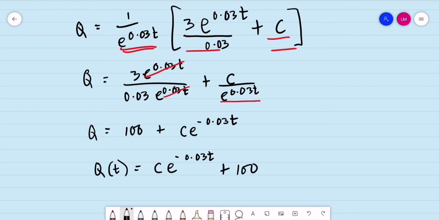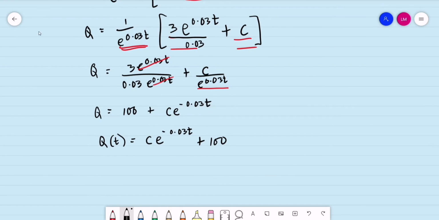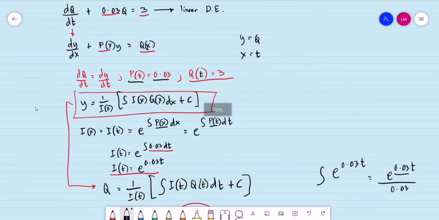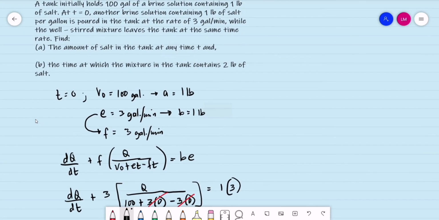So the next thing to do is to compute for that constant c. So again, such a long derivation. Initially, at time equal to 0, what is the amount of salt? That is A. We have 1 pound.